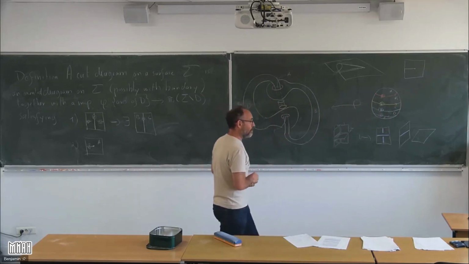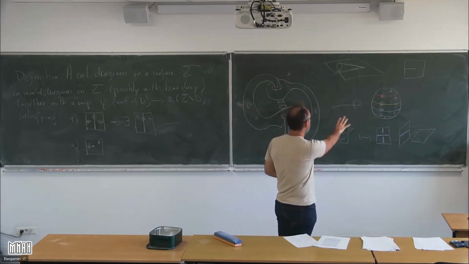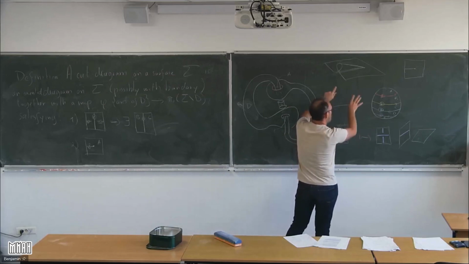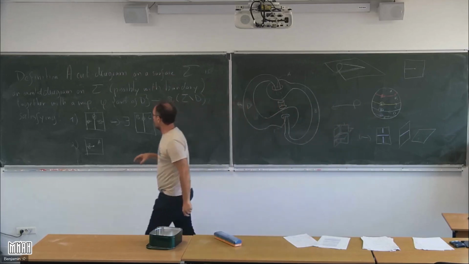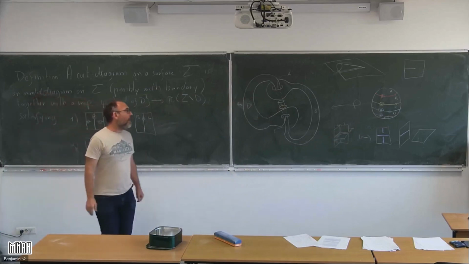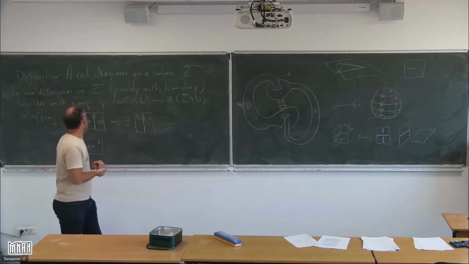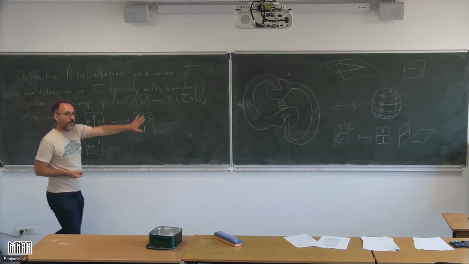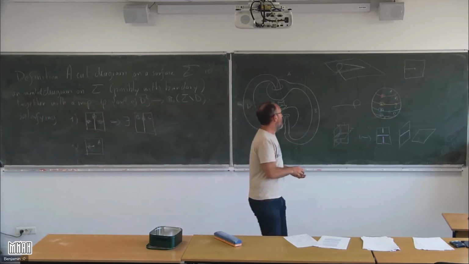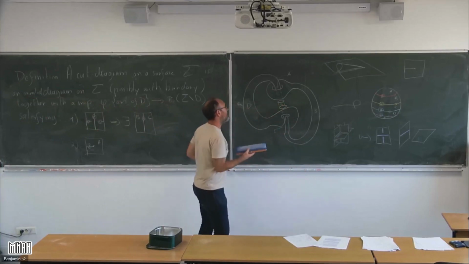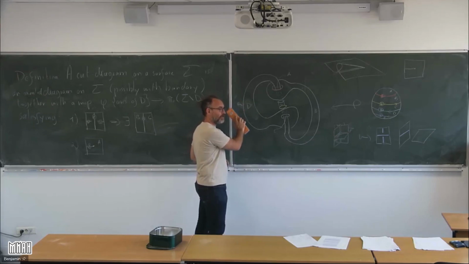So with this process, I can create a cut diagram for every broken surface. And because of the local construction, it will respect these 2 labeling rules. But there are some cut diagrams which do respect these 2 rules, which do not come from a broken surface diagram. May I erase on the right?